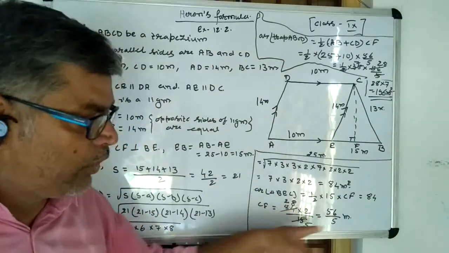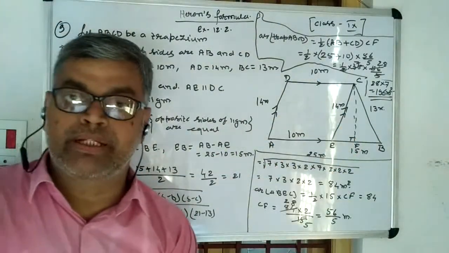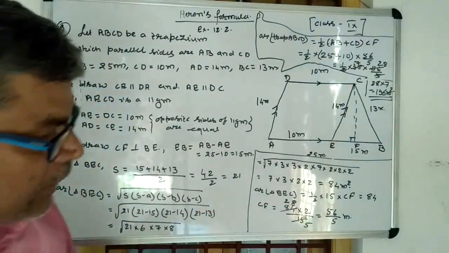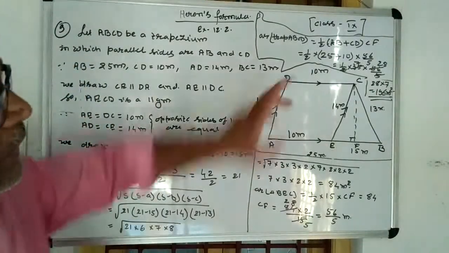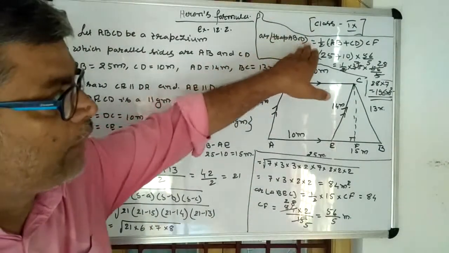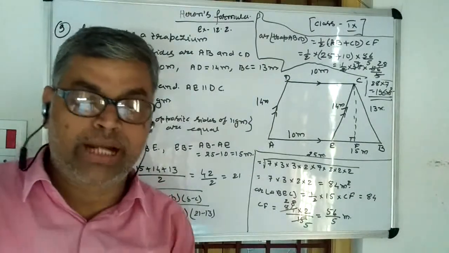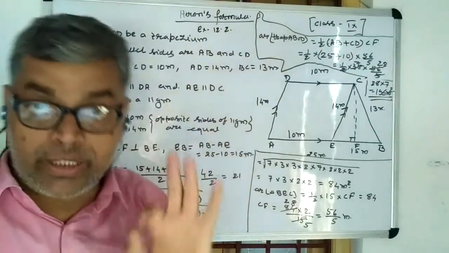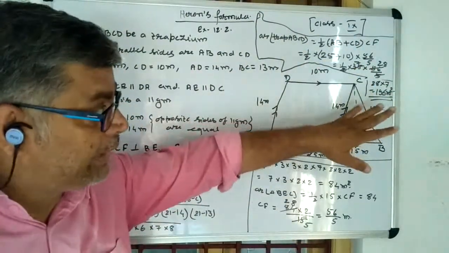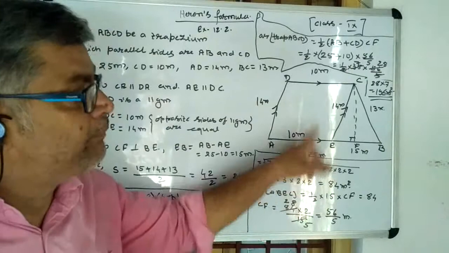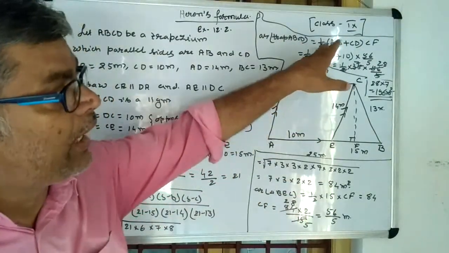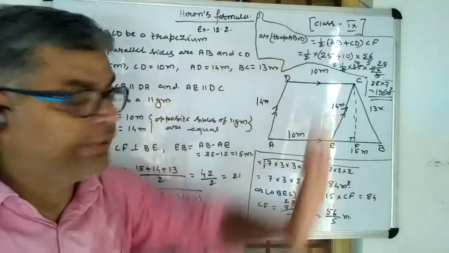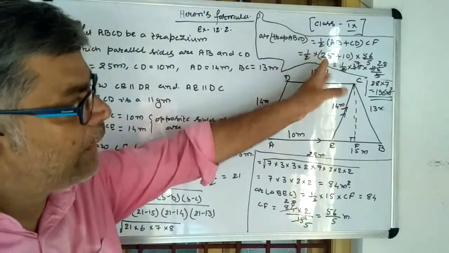So from here we got the altitude of this trapezium, or perpendicular distance of this trapezium. After getting the perpendicular distance of the trapezium, we apply here the formula for area of trapezium. We know that the area of trapezium equals half into sum of parallel sides and distance between them. Here parallel sides were AB and CD, so we have written half into AB plus CD, and perpendicular distance was CF, so we have written CF, and we substituted the value of all things.